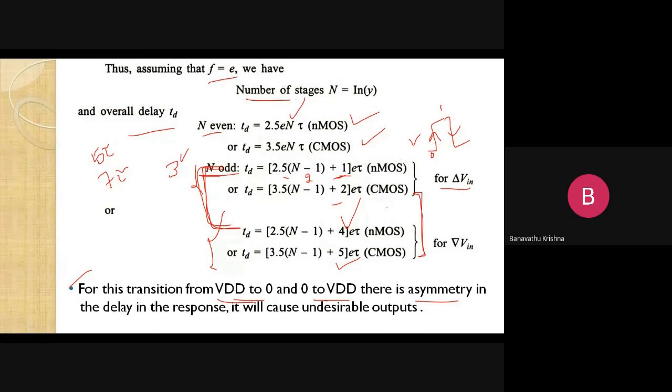So the delay in the response will cause an undesirable output response. Because the transition times for 1 to 0 and 0 to 1 are asymmetric, the result is undesirable output response at the output side of the circuit.